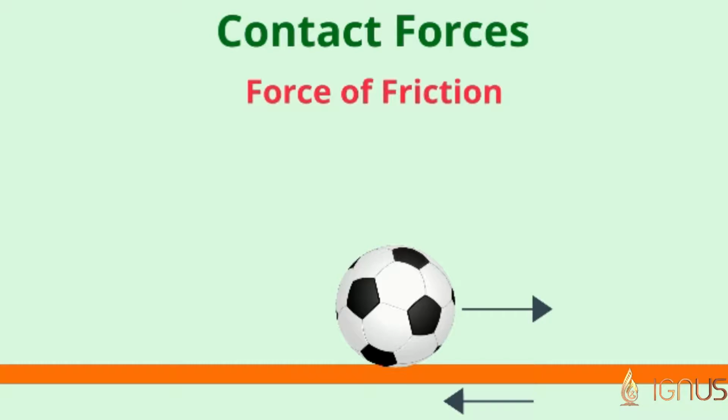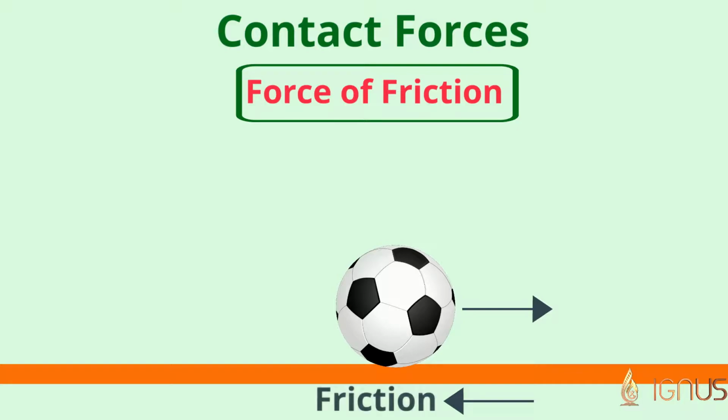The reason for its slowing down and ultimately stopping is the force that the surface supplies on the ball when it is moving. Yes, the surface supplies a force on the ball, and the direction of this force is opposite to that of the motion. So, when the ball is traveling toward the right, the surface is applying a force towards the left. The force applied on the ball is called the force of friction, or simply friction. So muscular force and friction are examples of contact forces.